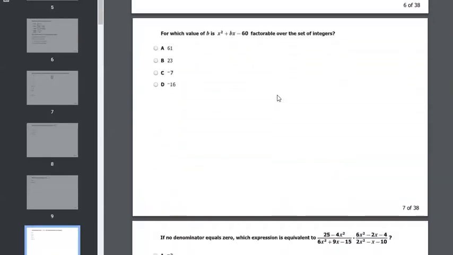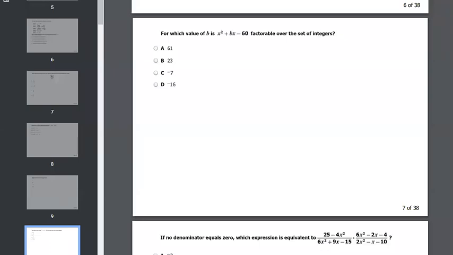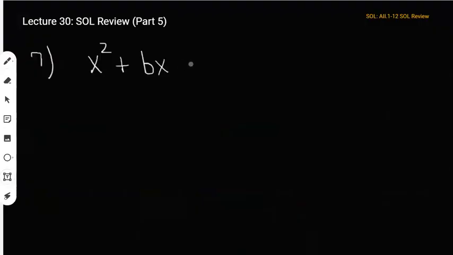Okay, let's try 7. We've got x squared plus bx minus 60. And we want to figure out what b has to be to make this factorable.